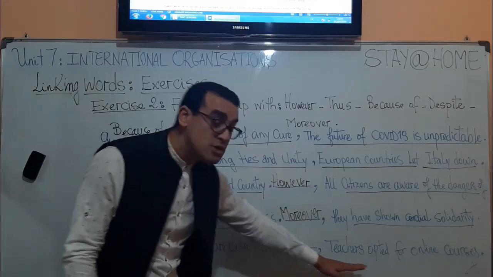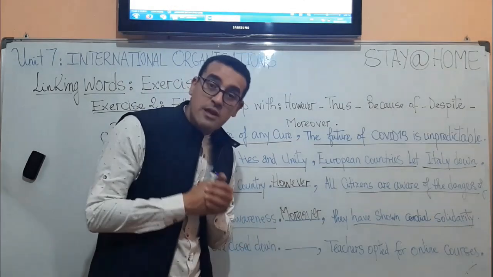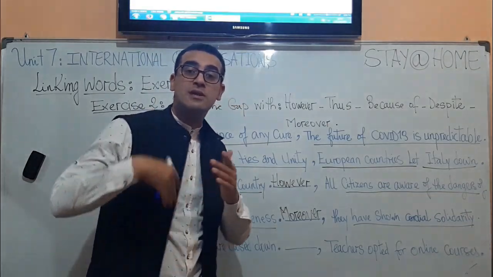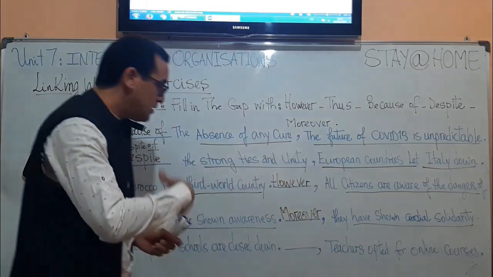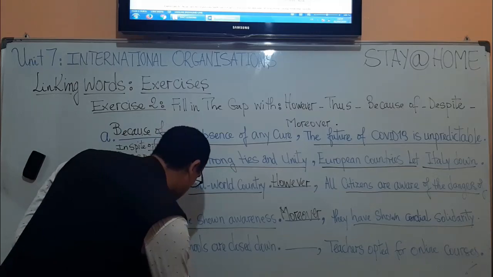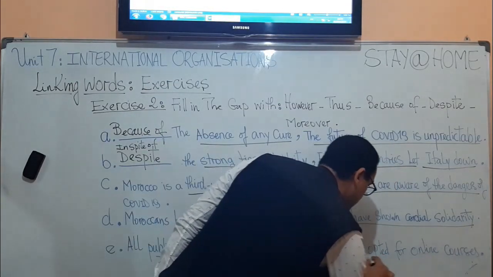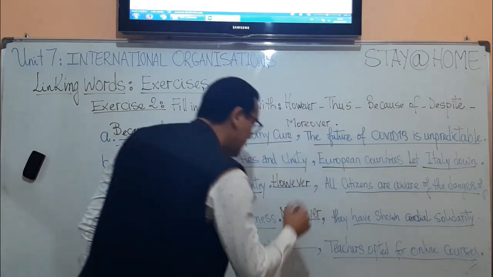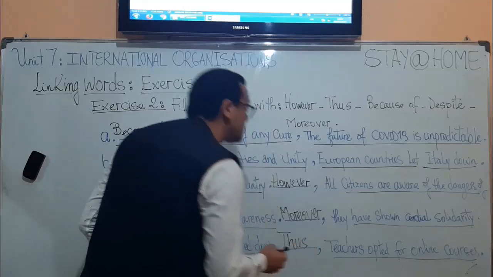It is that teachers have opted, they have chosen another way of teaching, another way of giving lessons, which is online courses. So the logical relationship between idea number one, public schools are closed down, and teachers opted for online courses, is result or consequence. So we have thus.